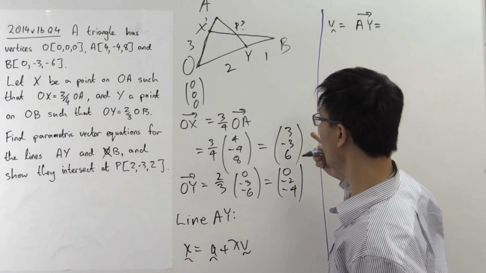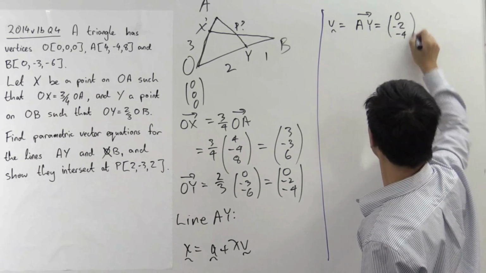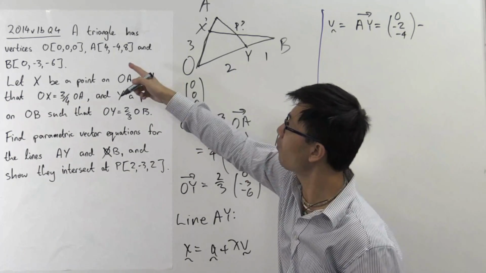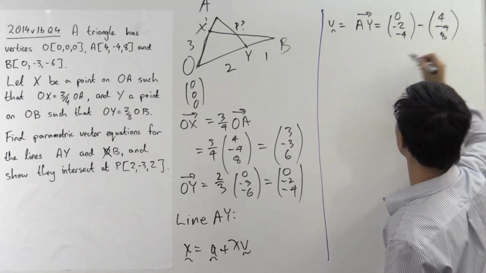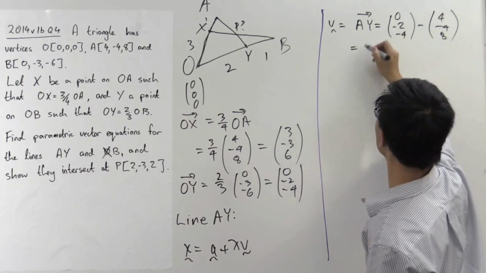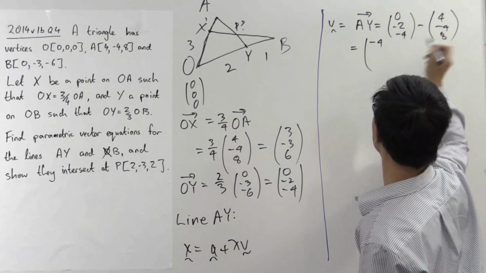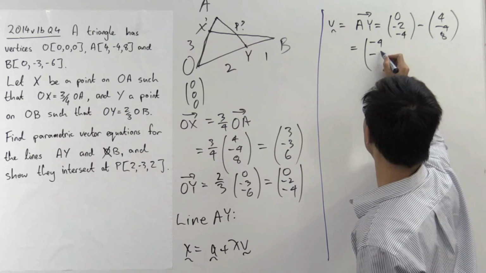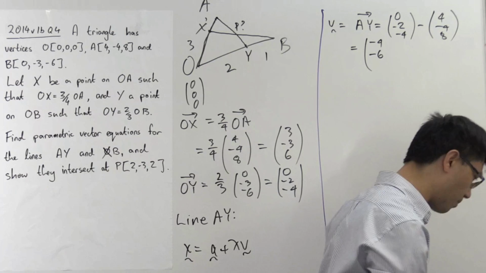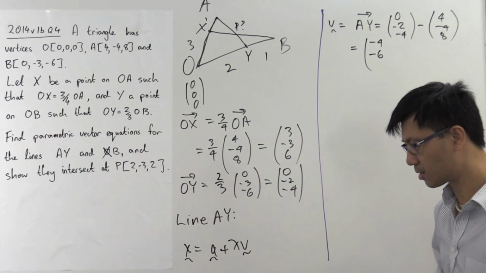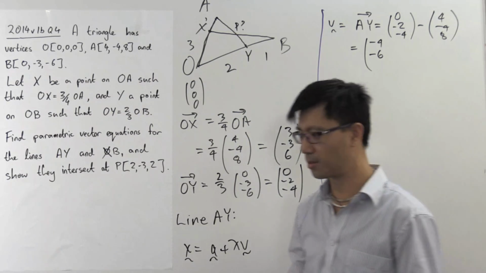So what were the coordinates of Y? They're here: 0, minus 2, minus 4. And the coordinates of A were 4, minus 4, 8. Okay, so let's work that out. 0 minus 4 is minus 4. Minus 2 minus 4 is minus 6. No, I don't think that's right. Let's try again with that one. I just need to erase this.